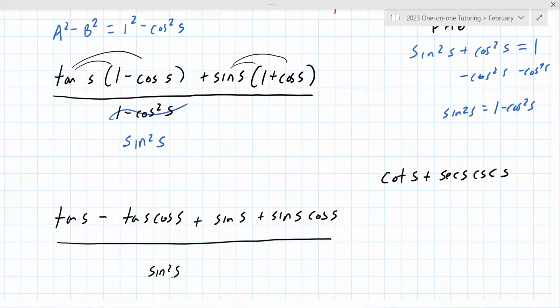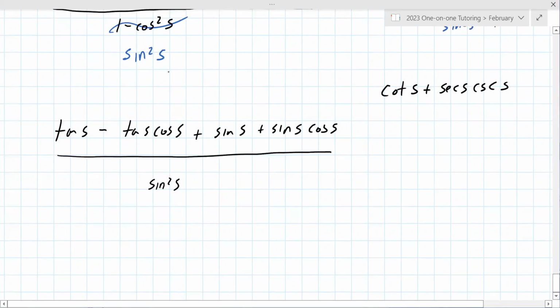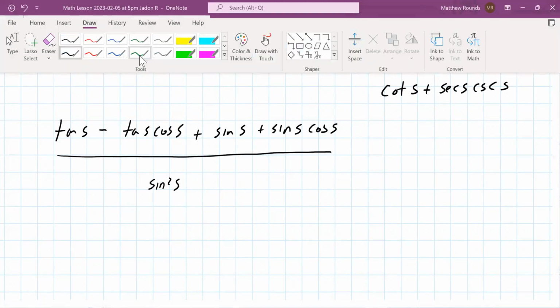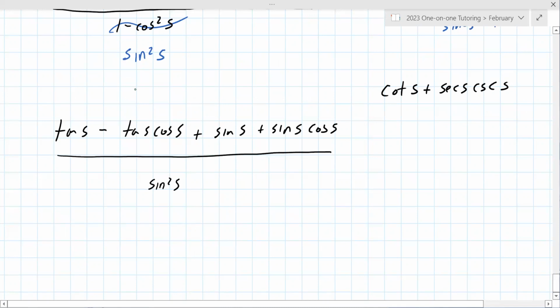Is that okay up to here? All right. I'm trying to figure out how this is going to work out nicely. The tangent s cosine s is sine s over cosine s times cosine s, so see how those cancel.